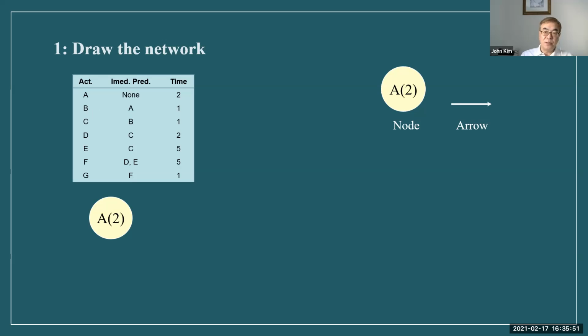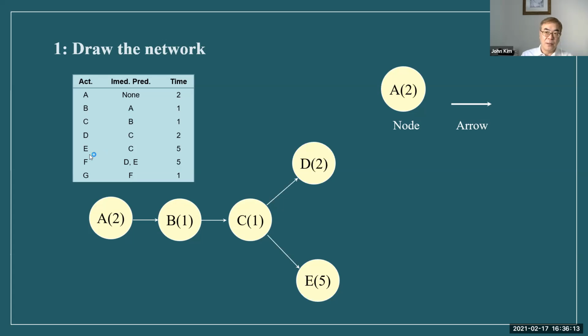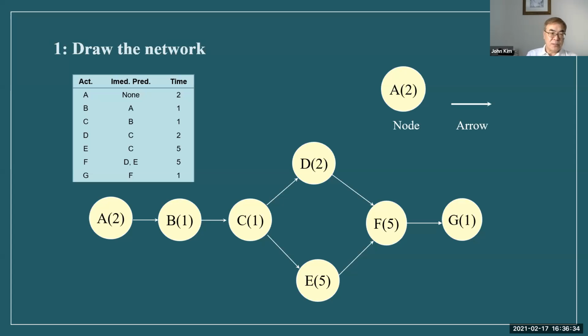After A, B can start, so B from A. C from B, and then D and E after C, F after D and E, G after F, and done. So using the immediate predecessor information, and then nodes and arrows, we develop this network diagram.